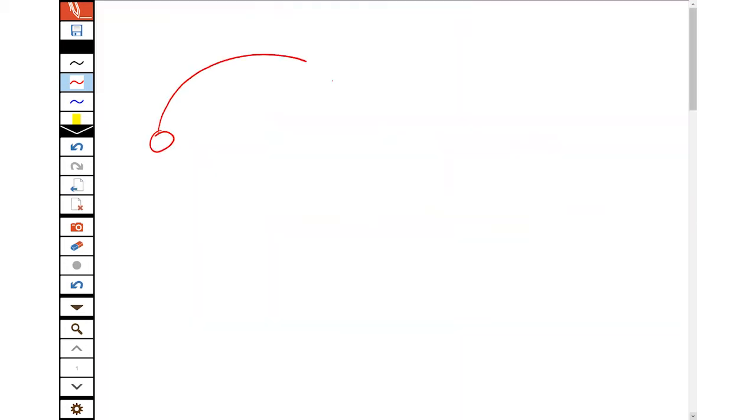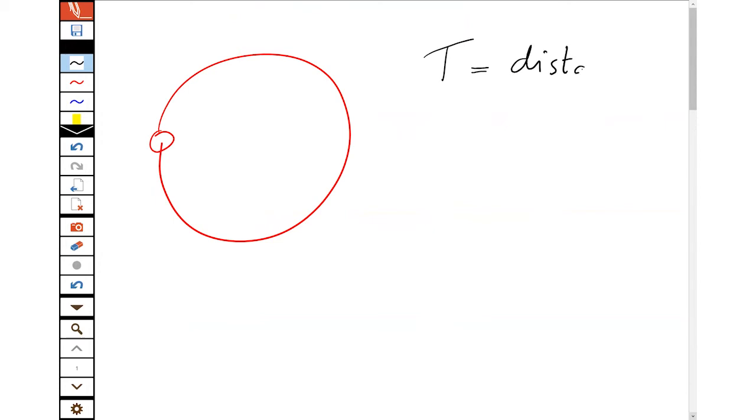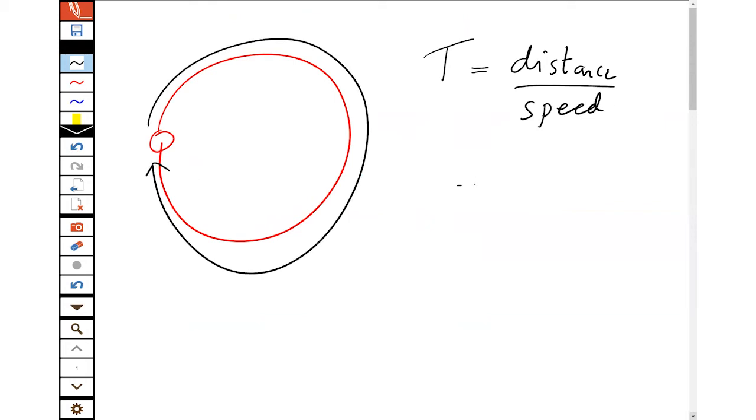If we have an object going around in a circle, how long does it take to go around a complete circle? That's called the period, the time T. And the time to do anything, we know, is the distance over the speed. Well, the distance around a circle is the circumference, 2 pi r.